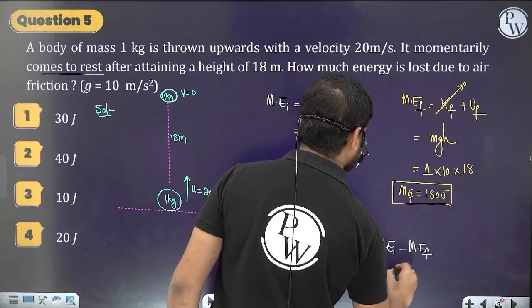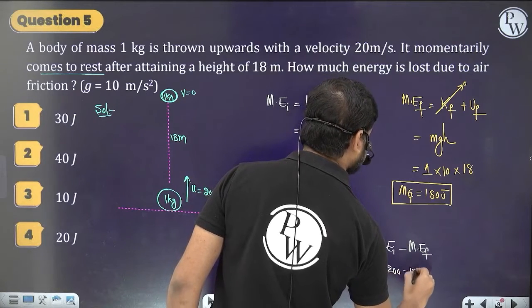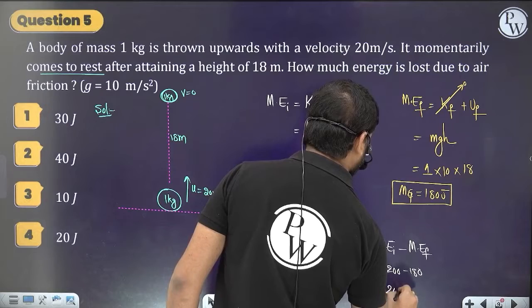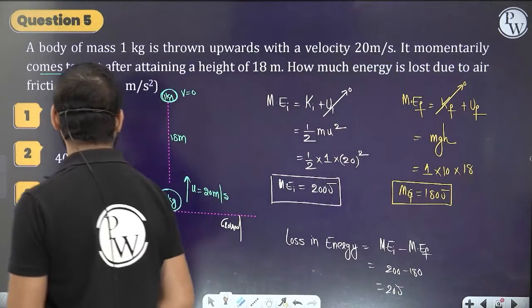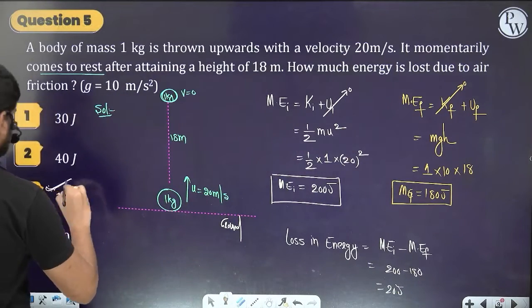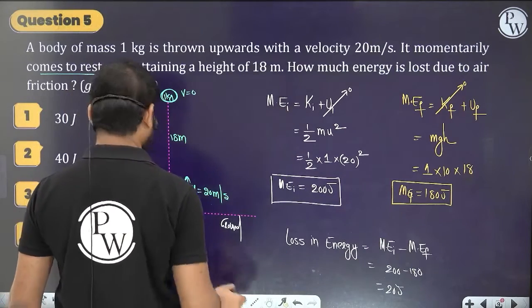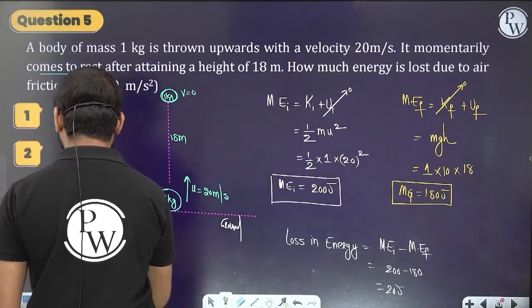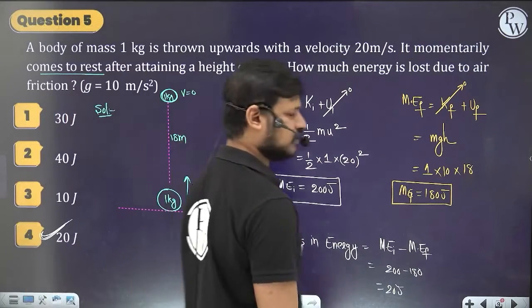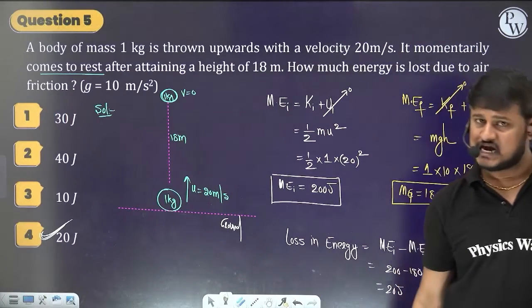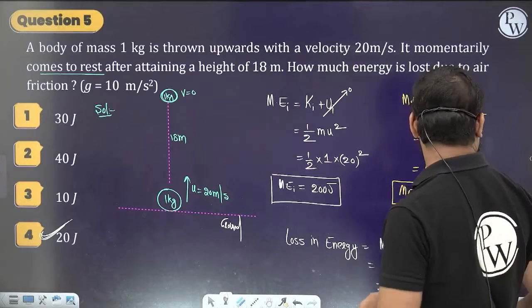Initial is 200 joules minus final is 180 joules, which is 20 joules, the loss in energy due to air friction. Option 3 is 20, so option D, the fourth one, is the correct one. Clear guys? Understood? Let's move to the next question.